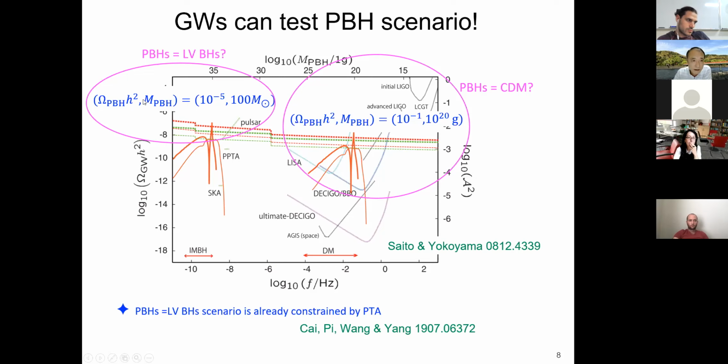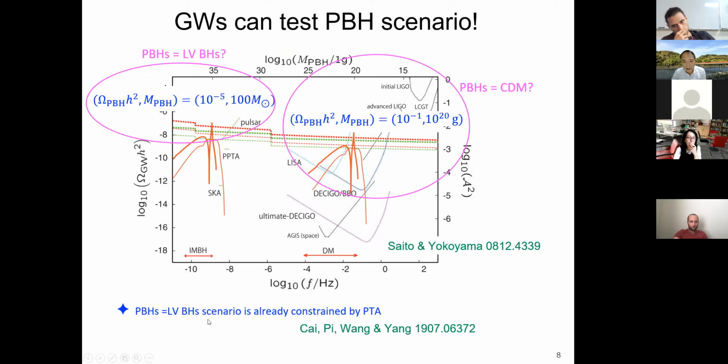If the primordial black hole is 10 or 100 solar masses, so a couple of orders within the solar mass scale, then, even if the amount of those black holes is small, in their case for example 10 to the minus 5, they can be detected by pulsar timing array.